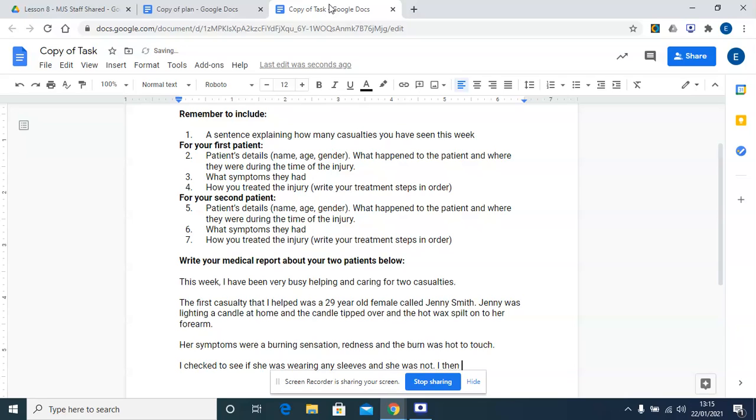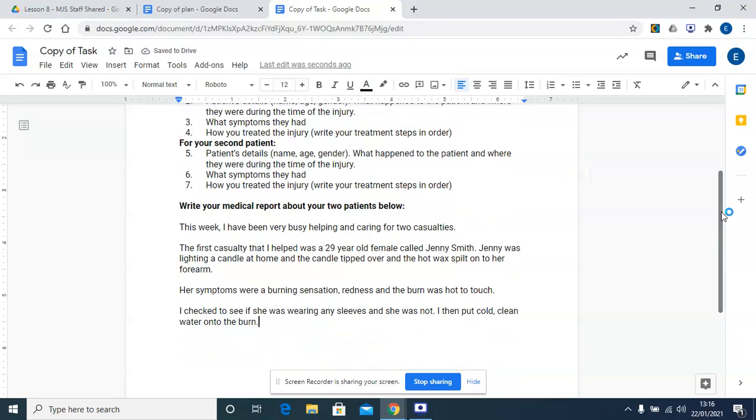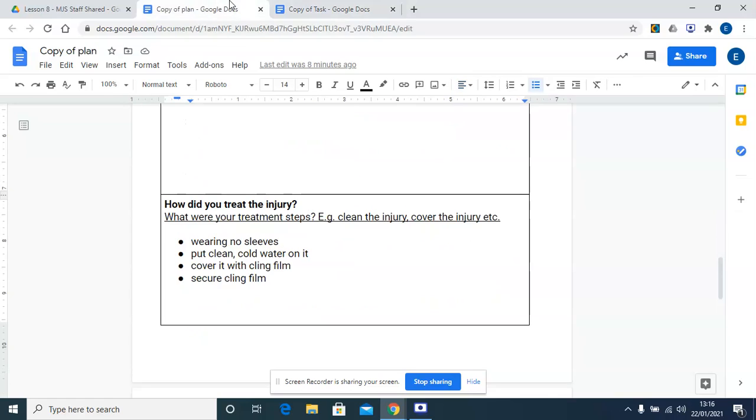I then put cold, clean water onto the burn. See how I'm making my notes into full sentences. Then what was my next step?